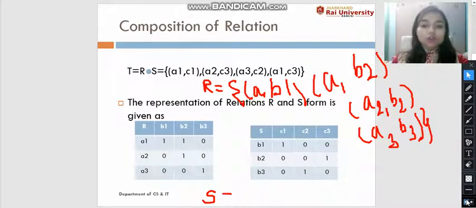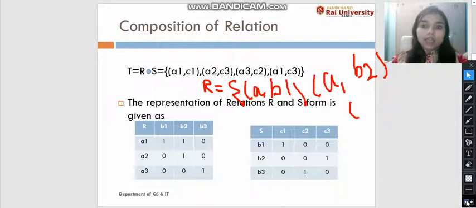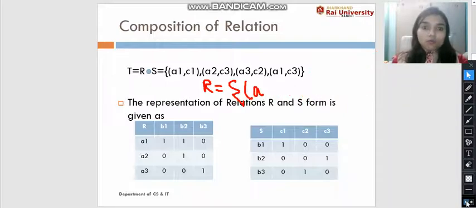Now we have to draw the matrix for the composition of relation R dot S. So what does R dot S contain? A1 C1, A2 C3, A3 C2, A1 C3.